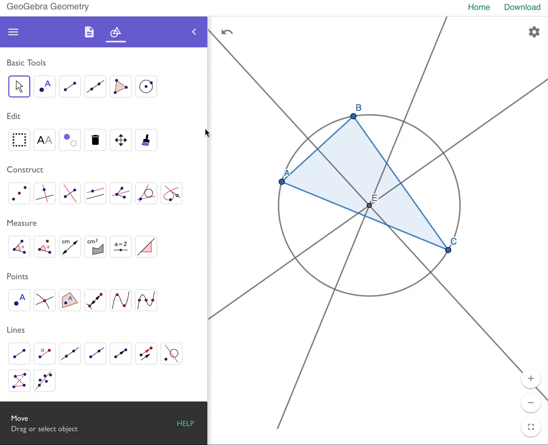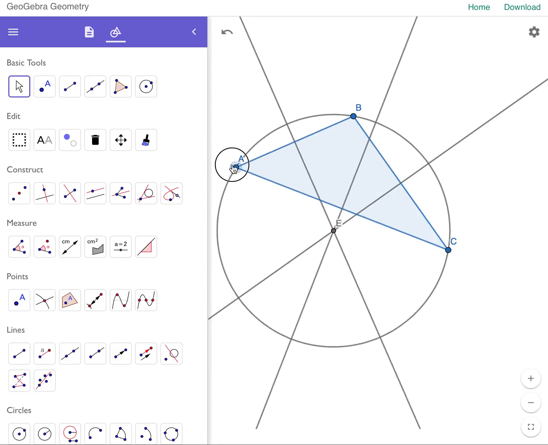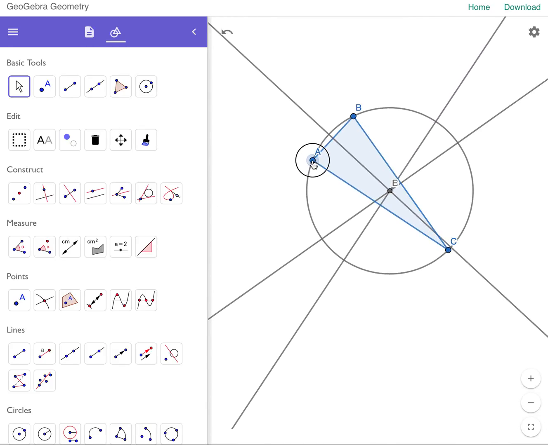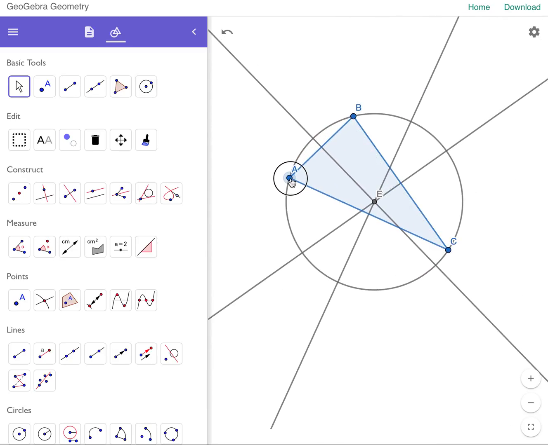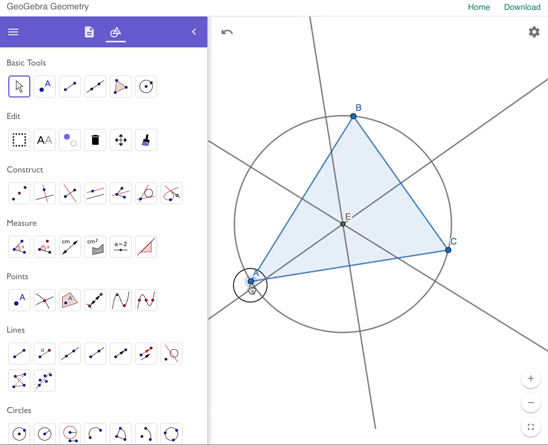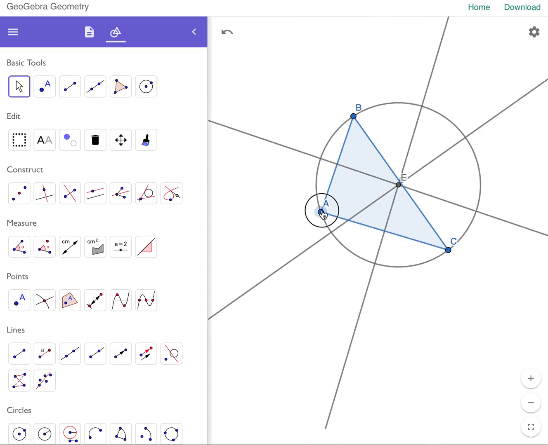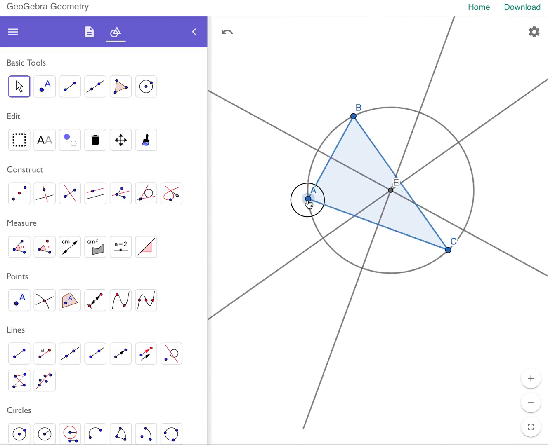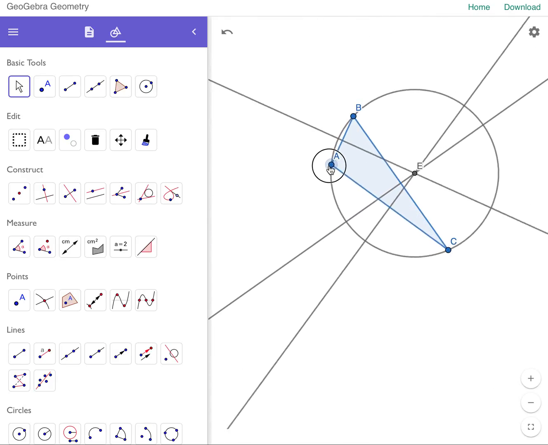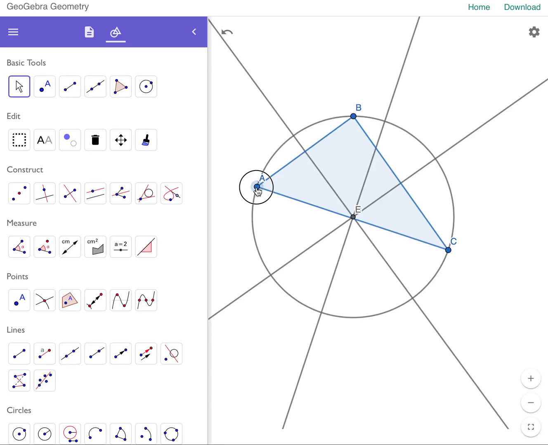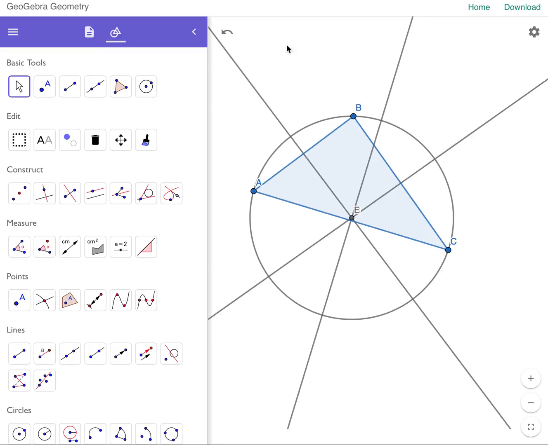Let's perform the drag test. No matter what I do with my three vertices, notice that the intersection of the perpendicular bisectors could be inside or outside the triangle, but it always circumscribes that triangle.